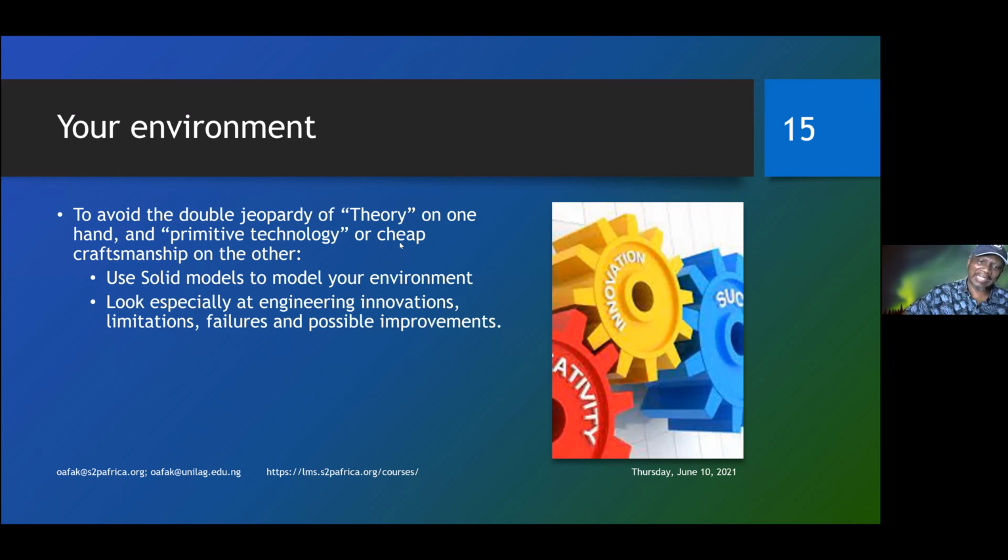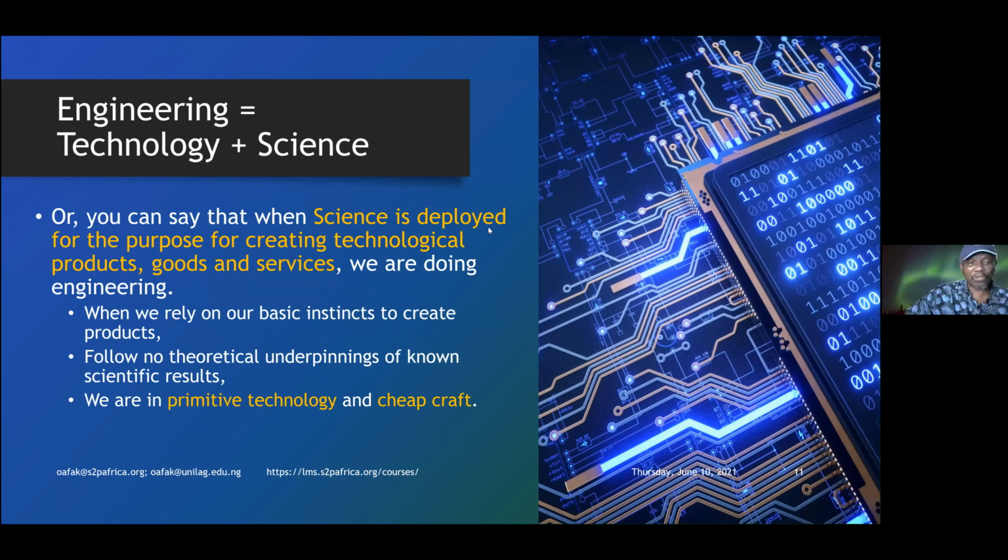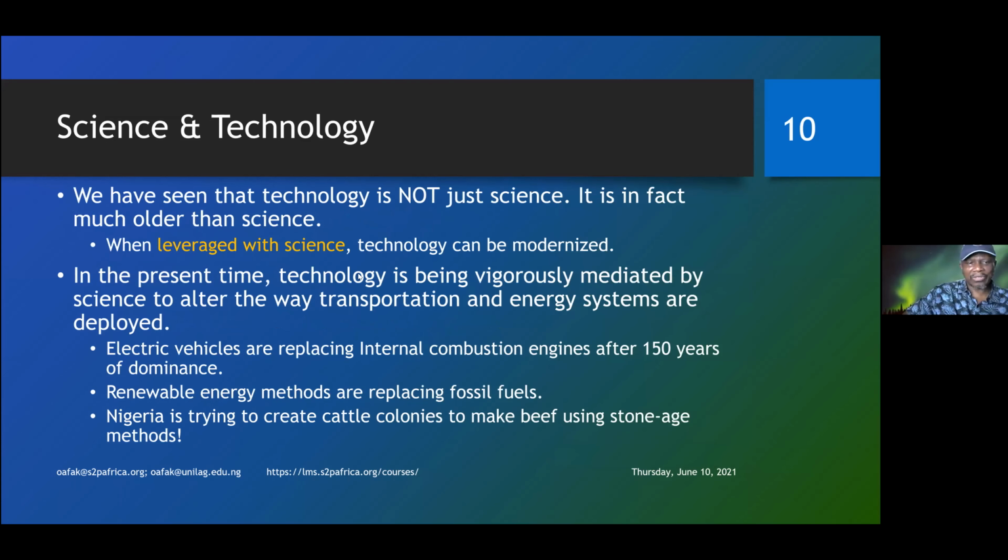If you want to avoid that, then you must know that if you're asked what's the most important subject in your engineering training, what will your answer be? My answer is engineering graphics or solid modeling.